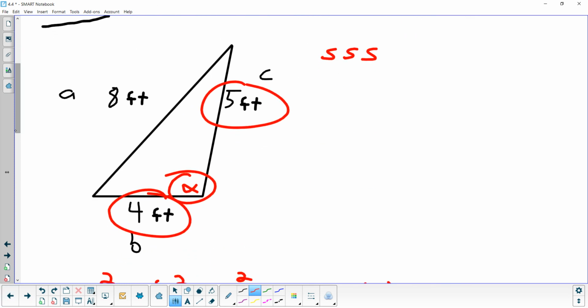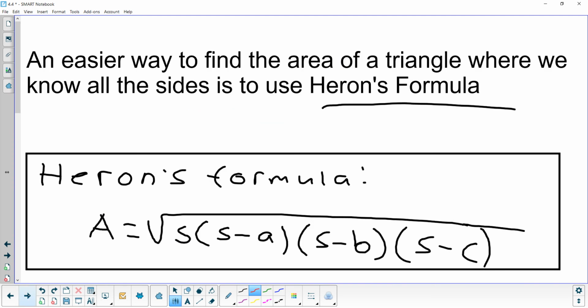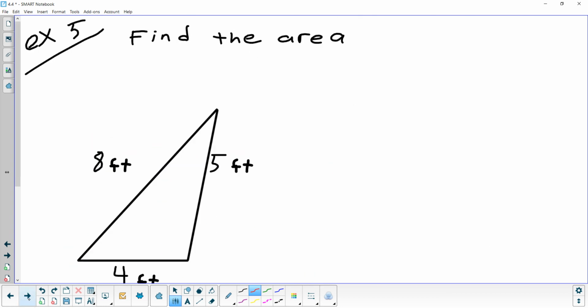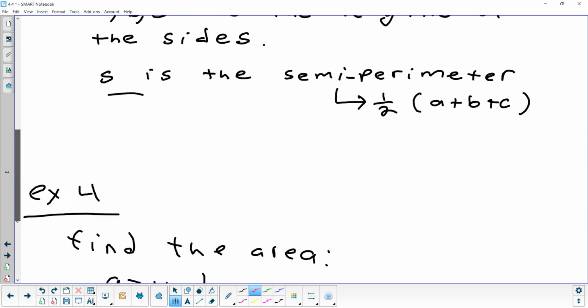We should do 4, 5, and 8, because if we do 8, then we could check our answer against the problem we just did. So we'll do that as the next problem. We'll just keep it simple.